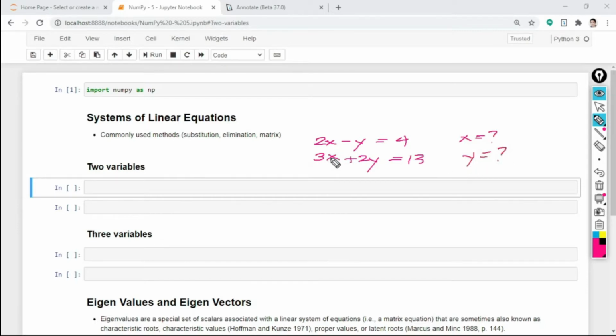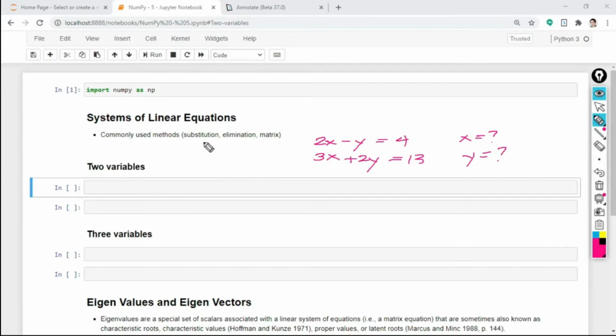For this example, we will be deriving two variables, which is x and y. This is very easy if you're using the NumPy library. Let me just define this one. Actually, there are many methods in solving for x and y.